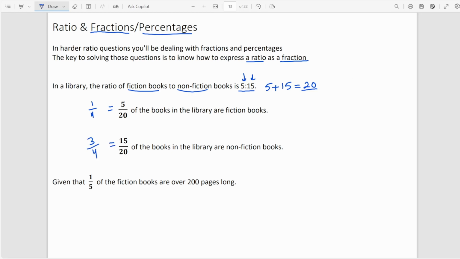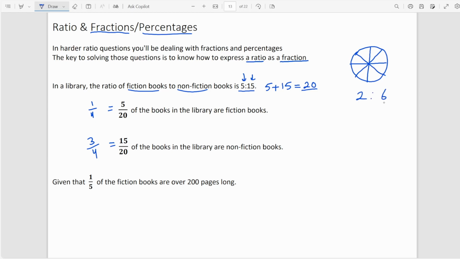Okay? If you still don't understand this concept, I will make a small example over here. So let's say you had a pizza, okay? And you sliced this pizza into 8 pieces. Okay, so now we have 8 slices and we want to divide them among 2 people in the ratio 2:6.